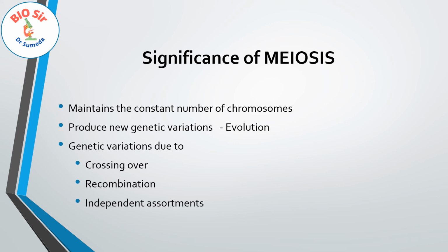There's a doubling of the chromosome number. But because of the reduction of chromosomes at meiosis, the number becomes half. Thus we can maintain the constant number, 2n ultimately, because two haploid cells will come together and form the zygote, and this is 2n.